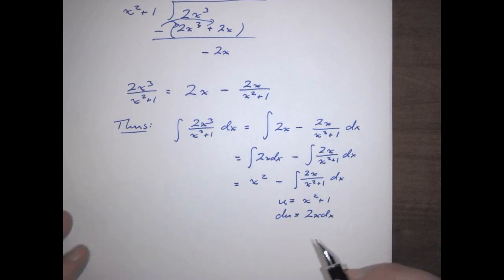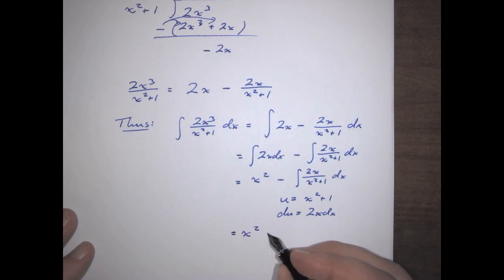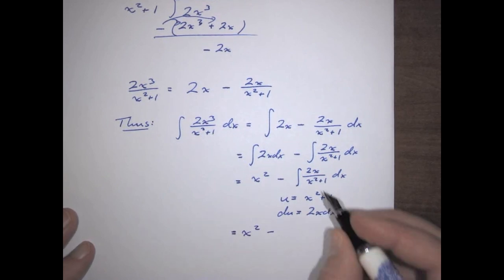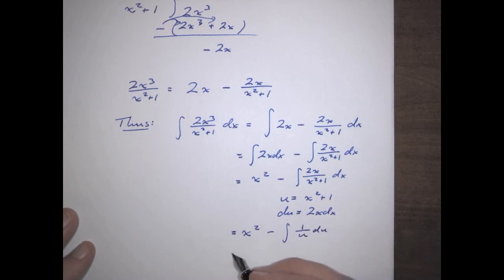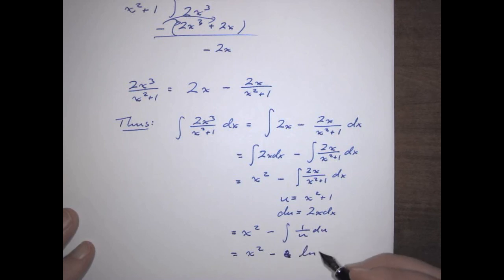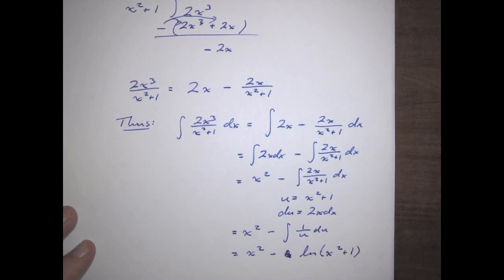Okay, so then what we're going to end up with over here is equal to x squared minus, and now what we've got here is the integral of 1 over u du, which is in other words x squared minus the natural log of x squared plus 1.